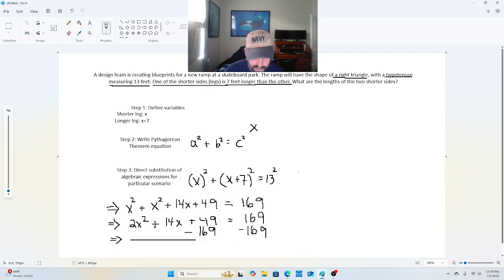So this is going to give us 2x squared plus 14x minus 120. Just be careful with your subtraction there, you're going to get some negatives, but that's okay, equals 0.